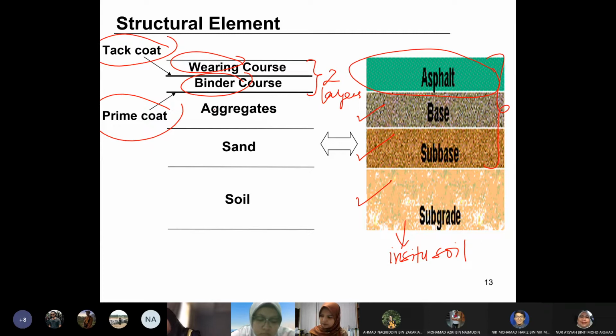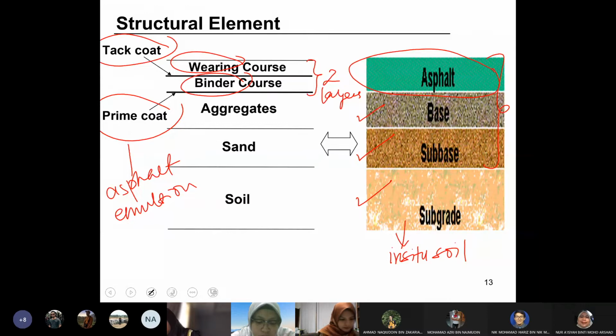Okay. So if you look at the tag coat, kedua-duanya ni coating yang kita guna ni adalah part of asphalt emulsion. Asphalt emulsion. So dia dalam keadaan cecair, right? So if you look at the tag coat ni dia nak bagi bonding, right? Dia nak bagi bonding.